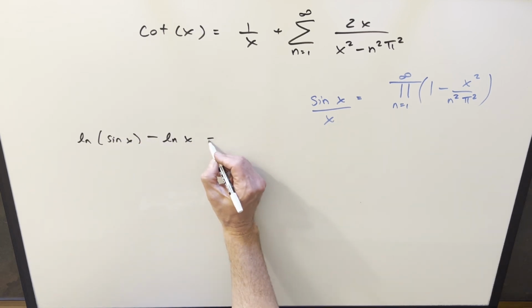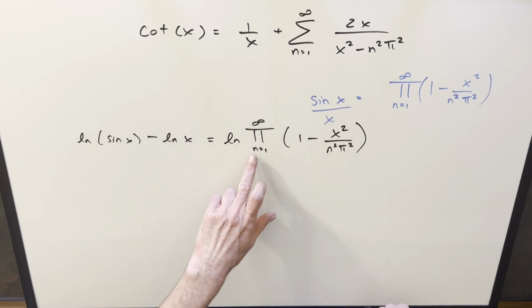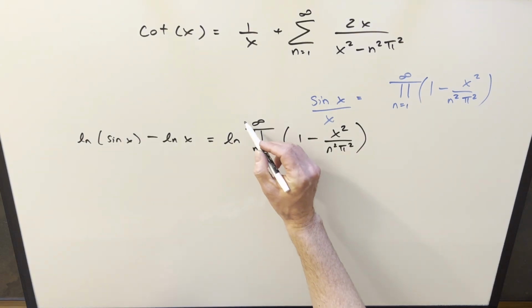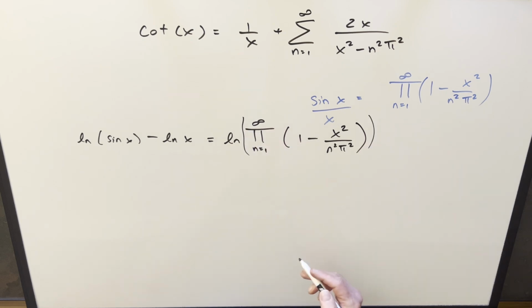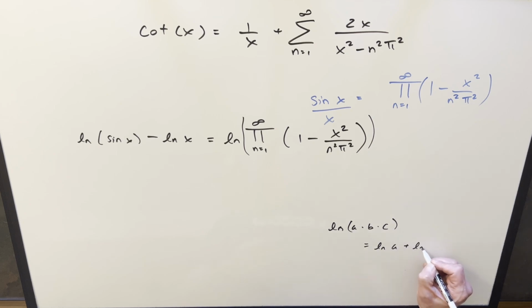And then let's just leave this, the natural log of the whole thing for now over here on the right. Now on the right side here, we're summing up an infinite number of terms. This is all within the natural log here. So this is kind of something like, if you had natural log a times b times c, with log properties, we could break that up like ln a plus ln b plus ln c.